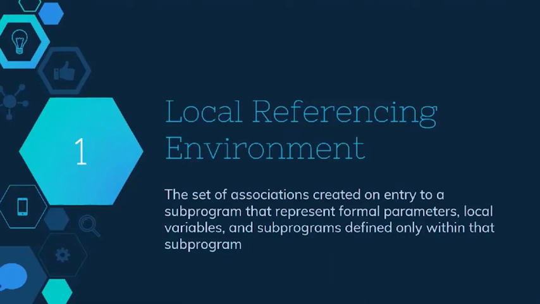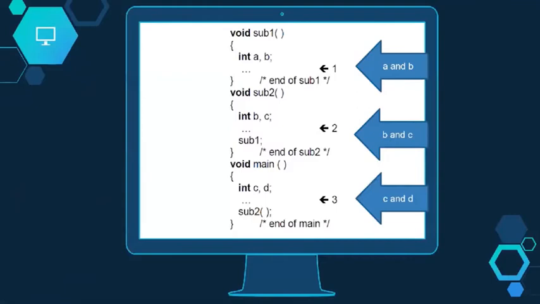But if it were created outside the function, that could be either global or, if it's not created but just directly defined, it could be a predefined one. So let's look at this. In this part of the function, int a and b are the local variables of sub1, int b, c are the local variables of sub2, and c, d are the local variables of main.